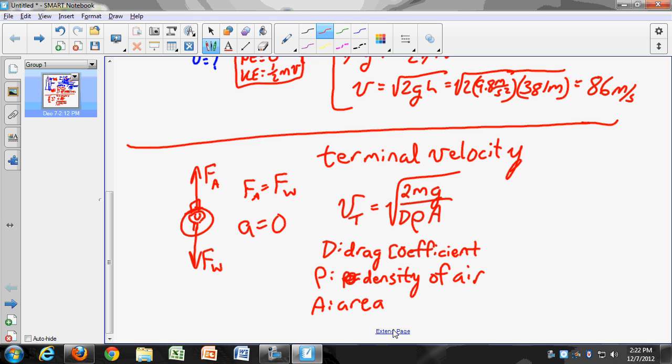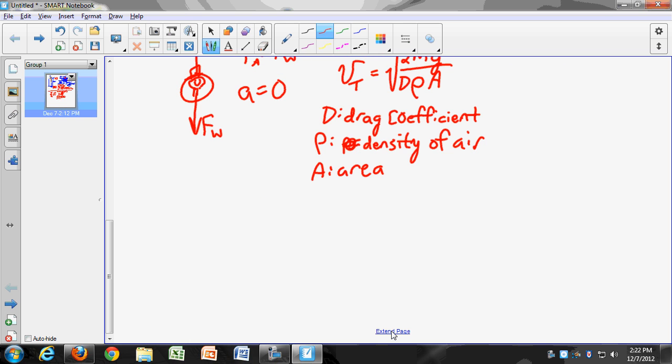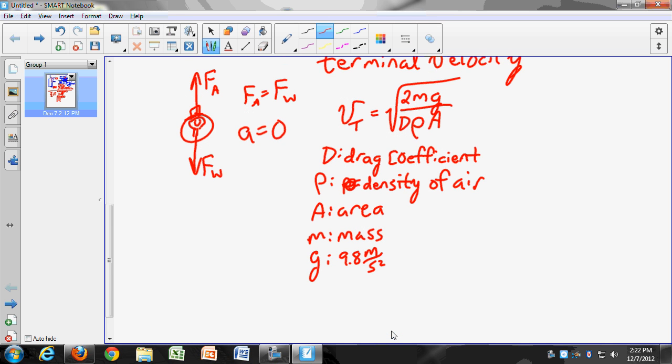And we're going to give a worst case scenario that this penny is falling flat side down. That's going to give us the most drag. All right. A is the area. What else do I have? Oh, M is the mass. We've already given that. And then G, of course, is the acceleration due to gravity. All right. That gives us the weight. The M times G gives us the weight. Now, the drag coefficient.